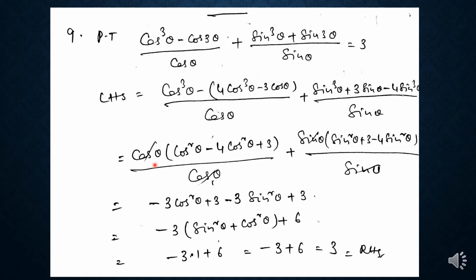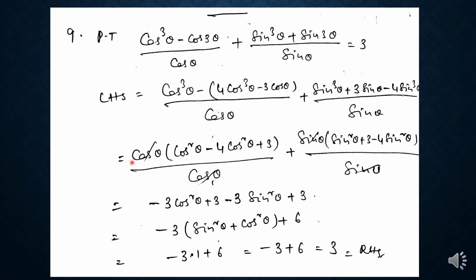So cos theta into (cos square theta minus 4 cos square theta plus 3) divided by cos theta. Plus here also we are taking sin theta as common in the numerator, that is sin theta into (sin square theta plus 3 minus 4 sin square theta) divided by sin theta.